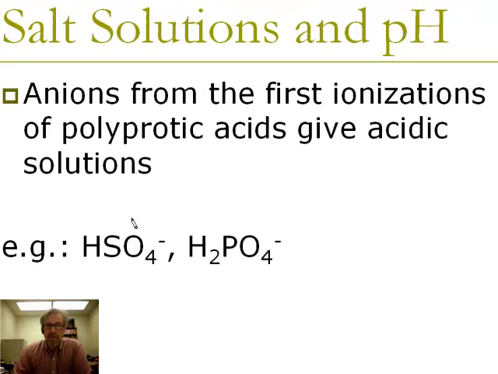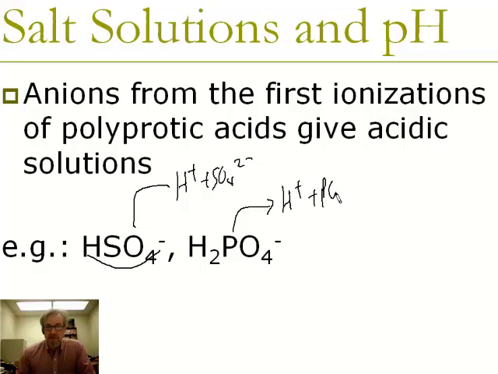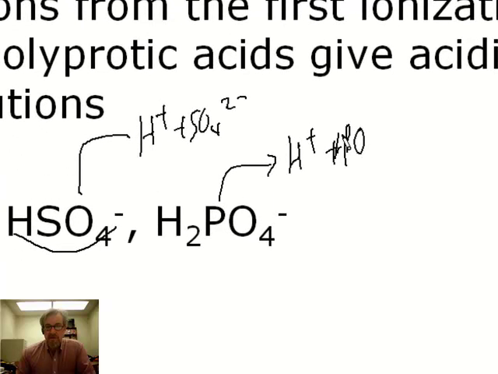Anions that come from the first or second ionization of a polyprotic acid will give acidic solutions. So basically what we're talking about here is any anion that starts with H, like bisulfate here. Bisulfate is going to ionize in water to give you H plus and sulfate, or H2PO4 minus will ionize to give you H plus and HPO4 2 minus.